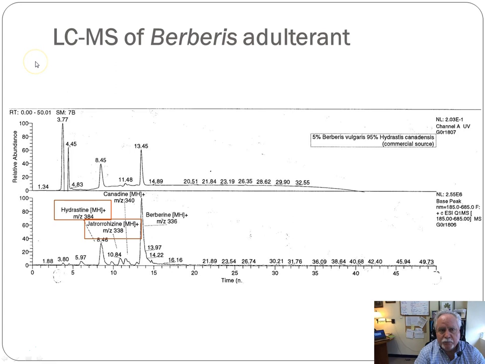If you're a smaller lab, how do you do this? This gets to be very difficult. It depends if you have cut and sifted material, and you can look at some of the morphology. There is the possibility of using microscopy to look at some cell components in the root that might allow you to differentiate the fact that you have something other than Hydrastis there. It might not tell you what is there, but it would tell you that you have some adulterant species.